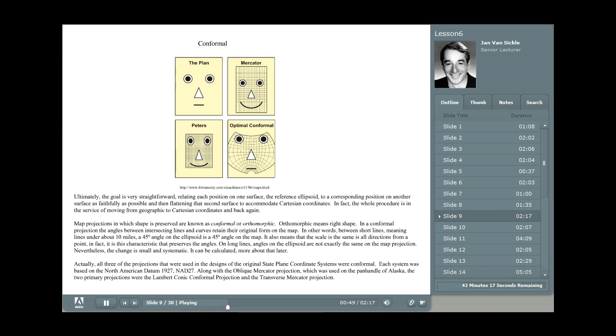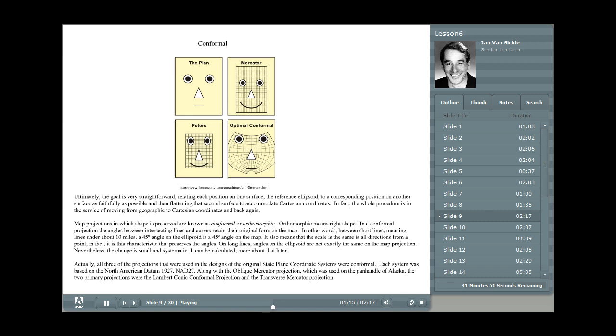Now, map projections that preserve the shape of small geometric objects are called conformal, as in Lambert conformal projection, or they're also known as orthomorphic, meaning right shape. In a conformal projection, the angles between intersecting lines and curves retain on the map their original form from the surface of the Earth.